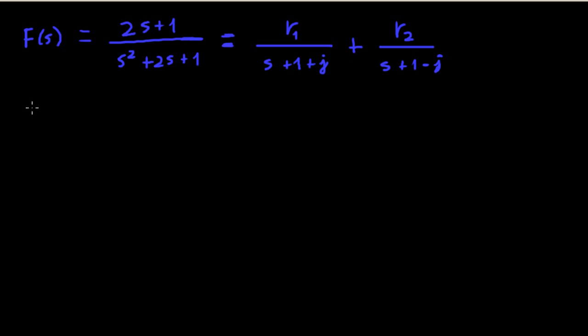So if we do the same as before, we find that R1 is equal to, well, again, we would have to multiply both sides by this term here, and then assume that s is equal to -1 - j.